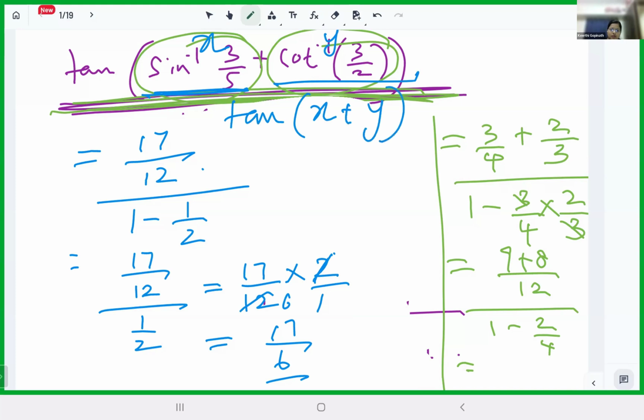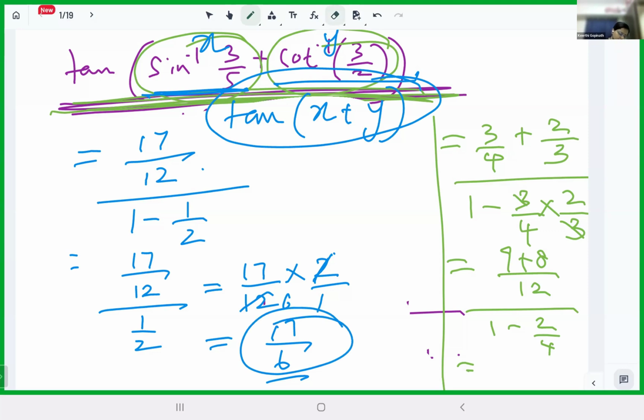So we applied the identity of tan of x plus y, and by putting the values of tan x and tan y in that particular identity, we solved that and got 17 by 60. Okay, the value is nothing but 17 by 60.